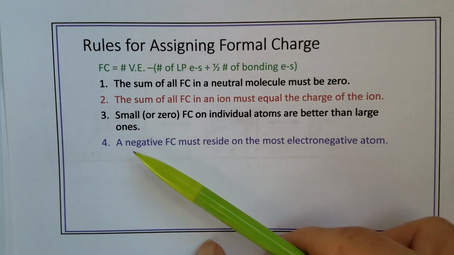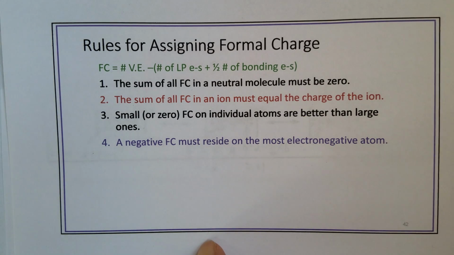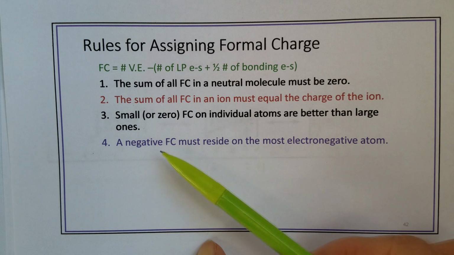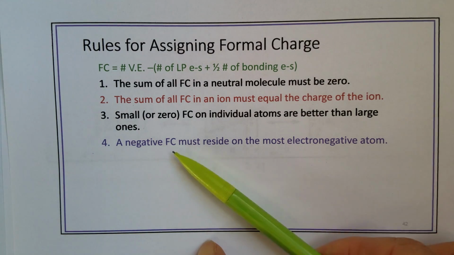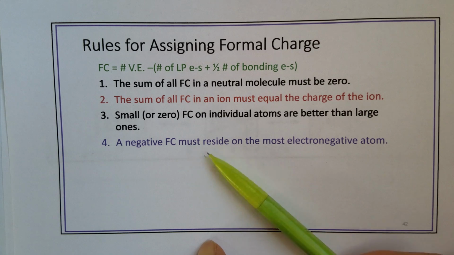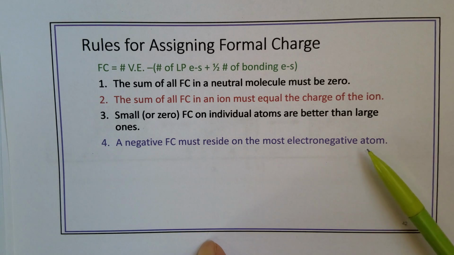In order to determine whether structure 1 or structure 3 is more favorite, we are going to use rule number 4 here. A negative formal charge must reside on the most electronegative atom.